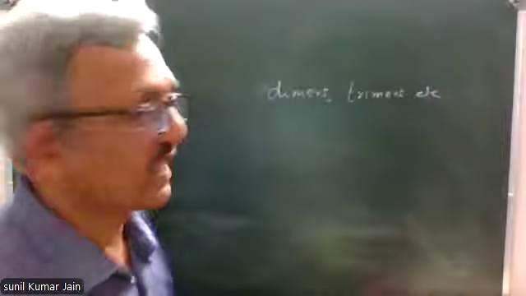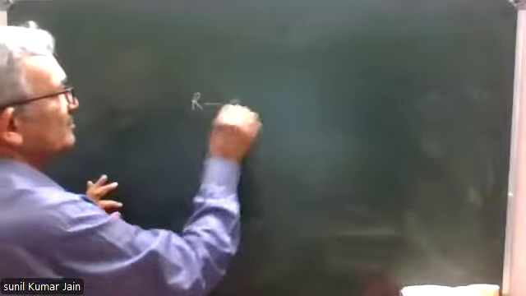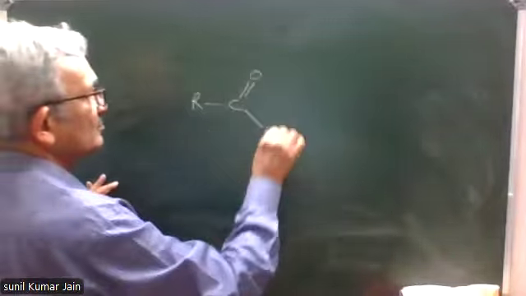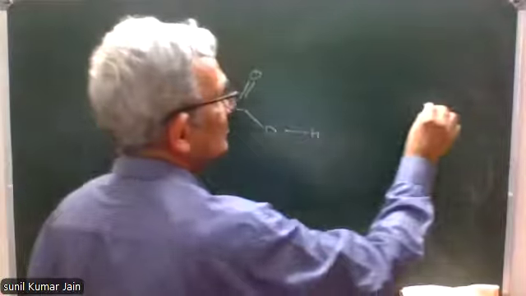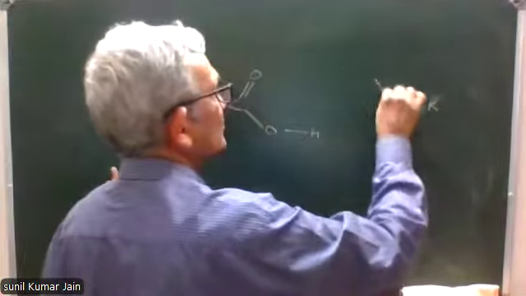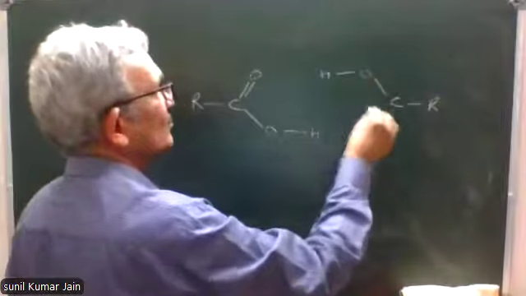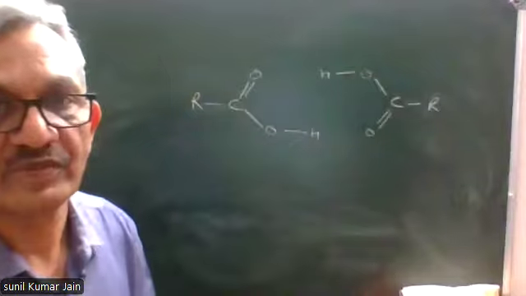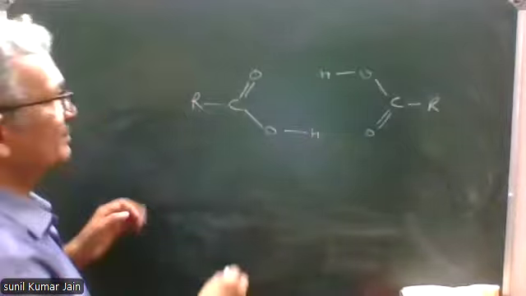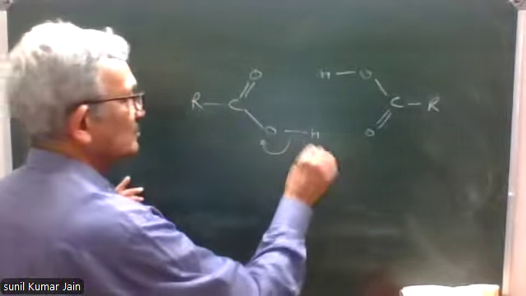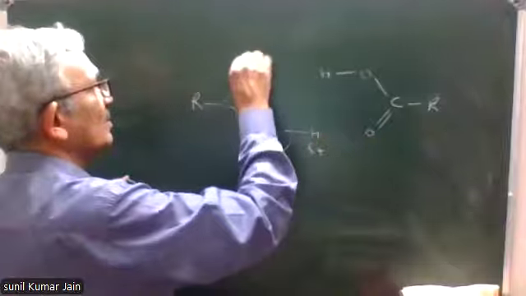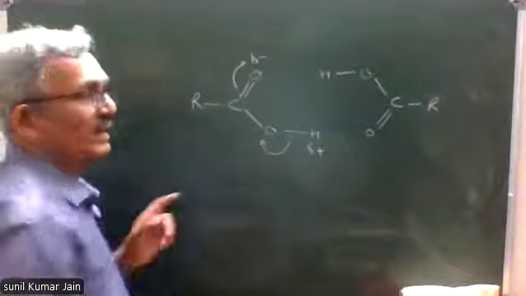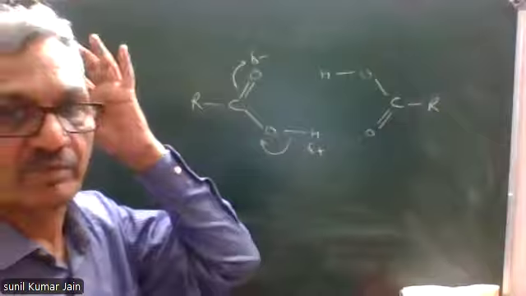Draw the structure of the dimer. How is the dimer formed? Draw this. These are 2 molecules of carboxylic acid, RCOOH. Look at the polarity of bonds.